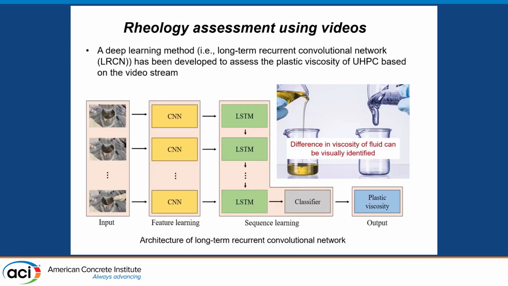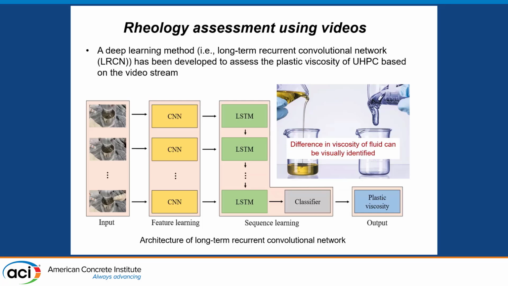So given the importance of rheology control, we also developed AI-based methods to assess the viscosity in real time. This is because we know that the difference in viscosity of a fluid, as you can see here, can be visually identified by its morphology and things like that.